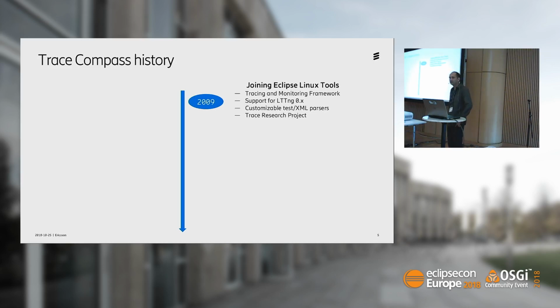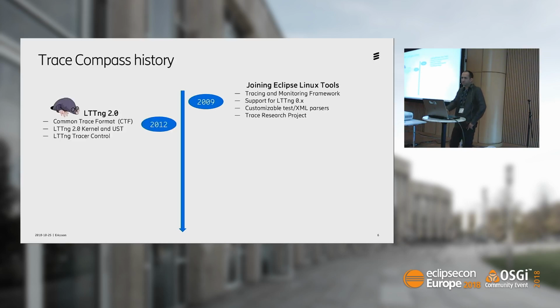We had a kickoff of a trace research project in Montreal, and that has been running over many years now. Over a few development cycles, and then in 2012 LTTng 2.0 came out, and Trace Compass added support for that.